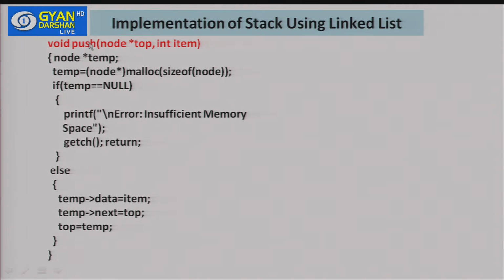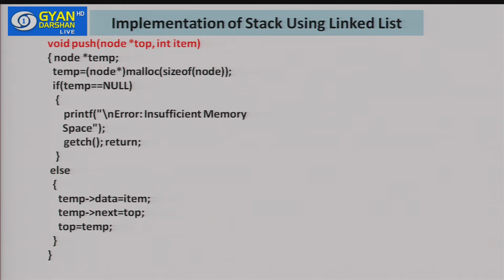We can see that this push operation is accepting two arguments. One is node star top, that is a pointer, and here node is a structure variable. We can say that it consists of different fields. Those who know about structures might be aware that when we declare a structure, it consists of multiple fields. In this simple example, the structure of the node contains two components.